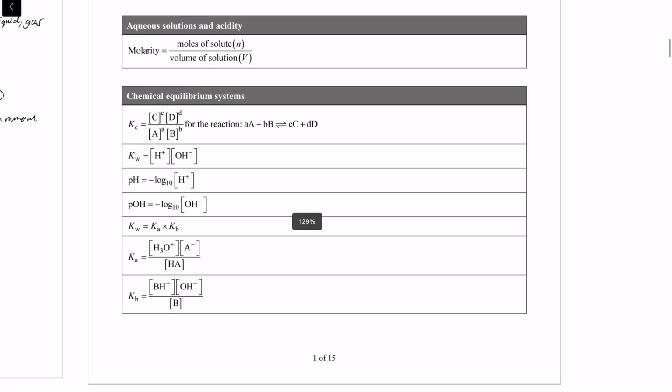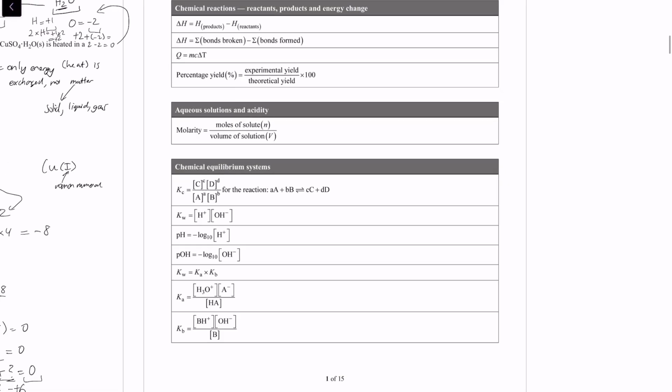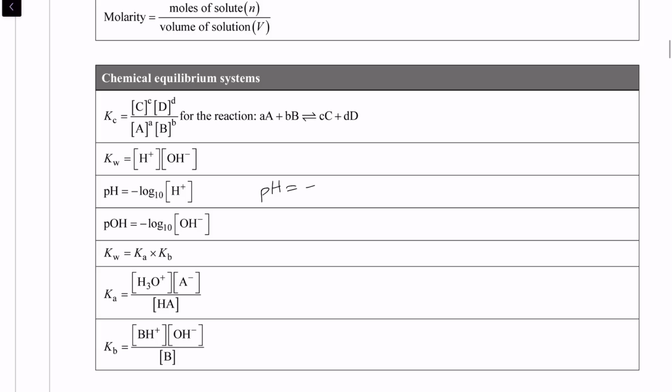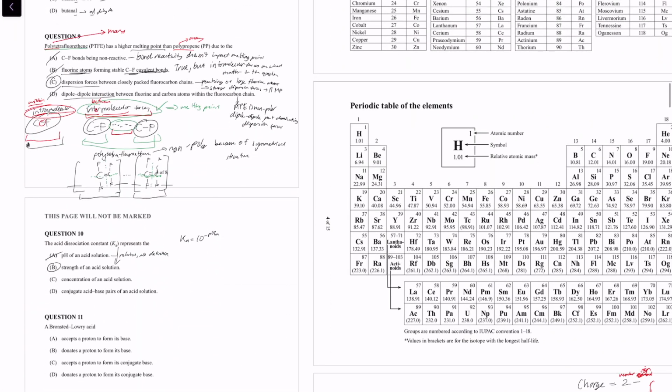Well, we'll just try and derive it. So we know that something with a pH or P something is equal to the negative log 10 of that concentration. Okay, so it's the same thing here in terms of this equation.